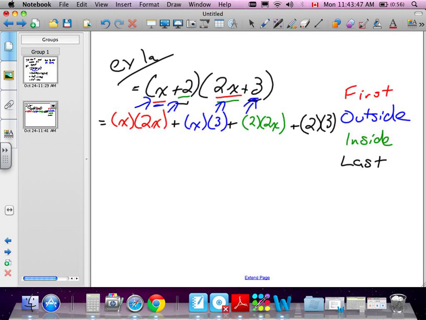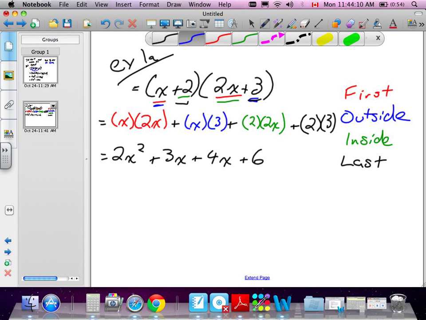I'm going to multiply what's down there. I'm going to do the rest in black now. x times 2x is 2x squared, plus 3 times x is 3x. 2 times 2x is 4x. And 2 times 3 is 6. I then combine my like terms. What's important here, this is squared, and there are no other variables that are squared, so this is a term by itself.